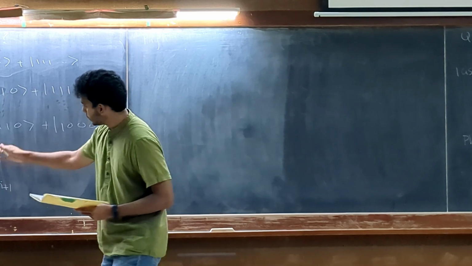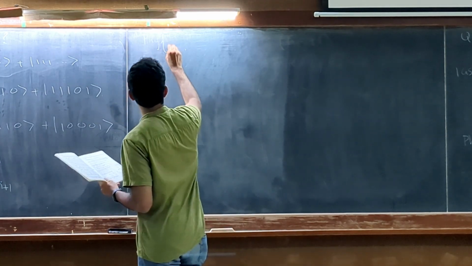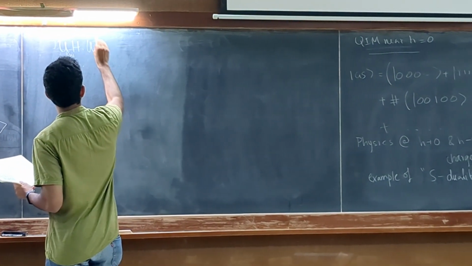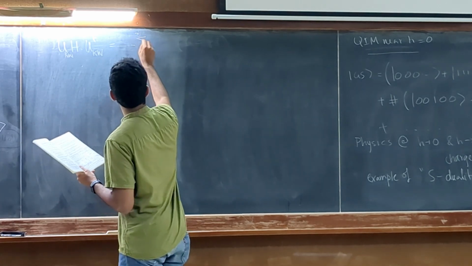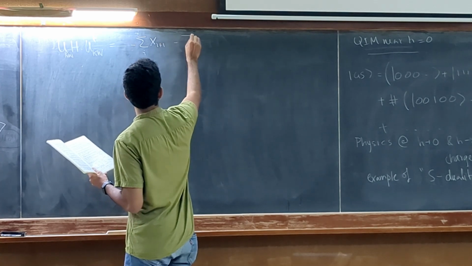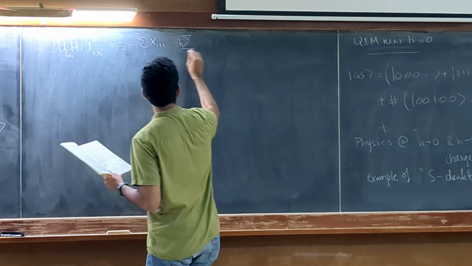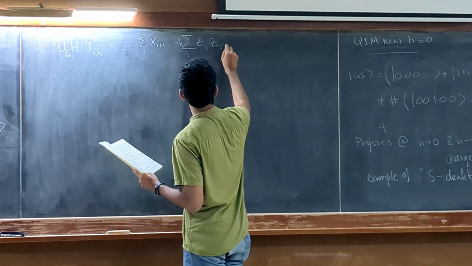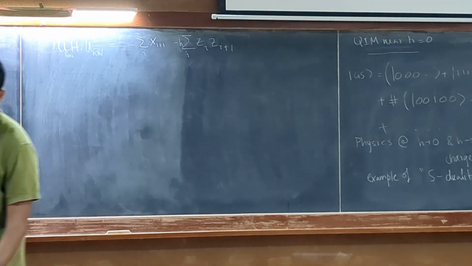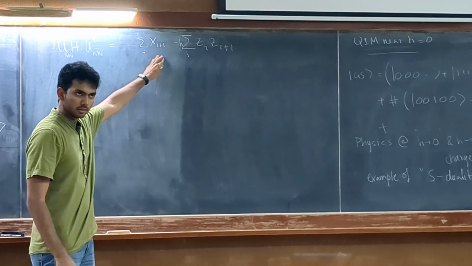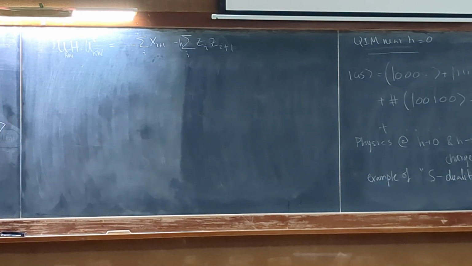And now that we see how the operators transform, we can look at the transformed Hamiltonian. I erased the original Hamiltonian, but hopefully you remember it or you have it in your notes. It was Z_i Z_{i+1}, which we argued maps to X_{i+1}.